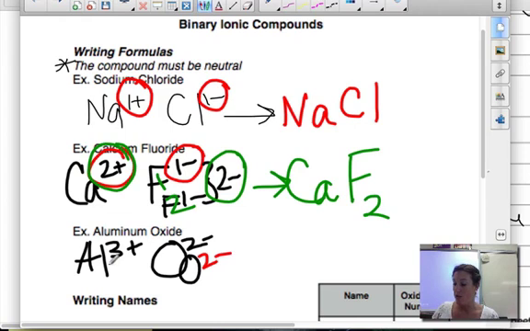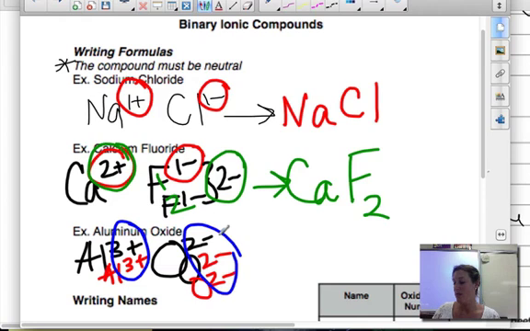If I bring in another aluminum, that makes positive 3. If I bring in a third oxygen, that makes negative 6. So now I have a positive 6 and a negative 6. So we write how many of each element we had to bring in. 1, 2 aluminums, 1, 2, 3 oxygens.